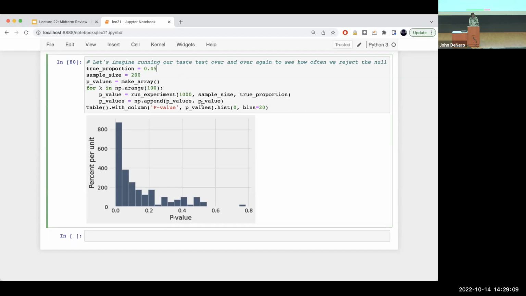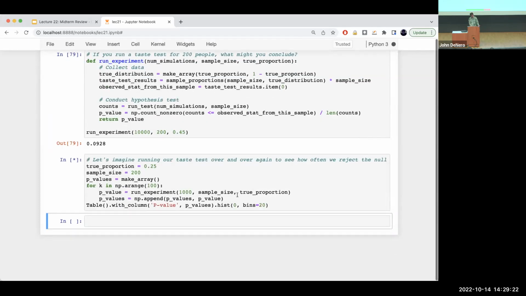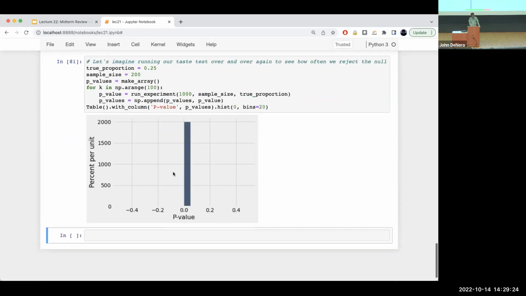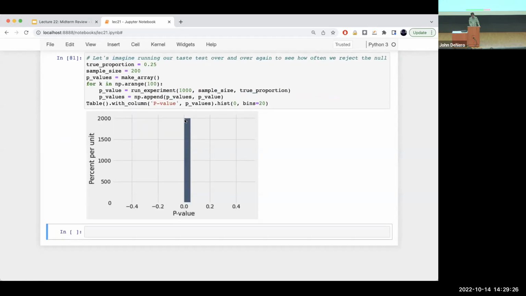So when the true proportion is only 45% in the population, then there's lots of cases where you can tell the difference, and there's lots of cases where you can't. Whereas if the population were very skewed, like only a quarter of the people in the population like super soda, because it really is worse, then all your p-values end up right around 0. Like you can tell every time.